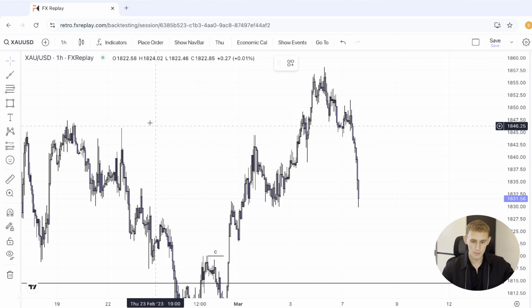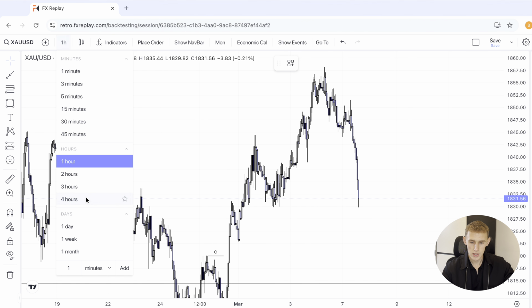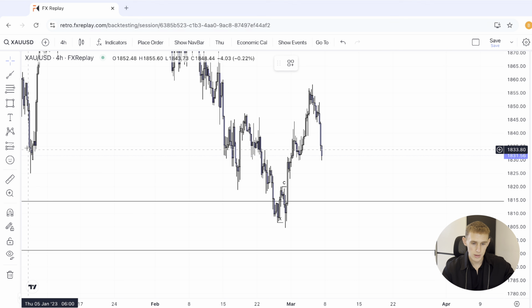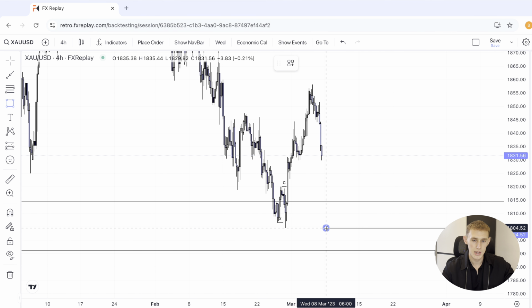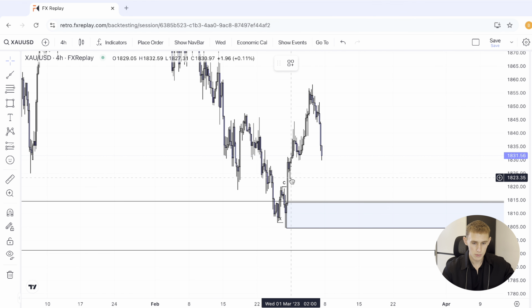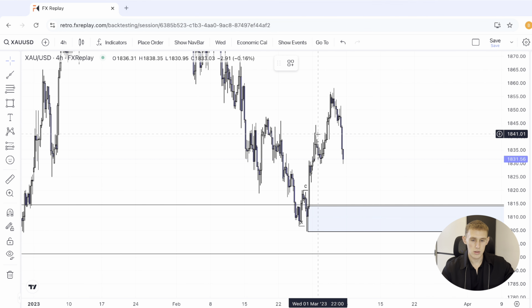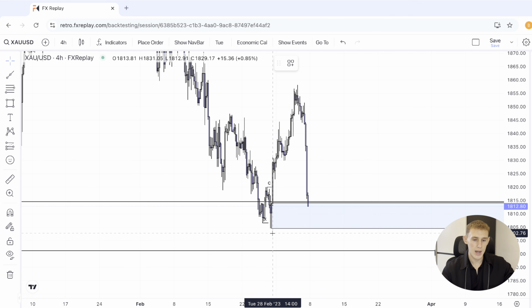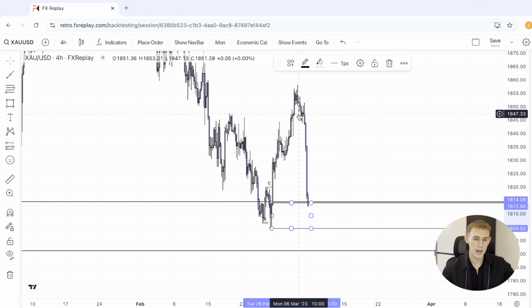So what I would look for is maybe a retest into the demand zone down here after all of the internal liquidity has been taken out. Okay, so let's see if price gives us a reaction within this zone. If it does, we can then look to continue buying up.